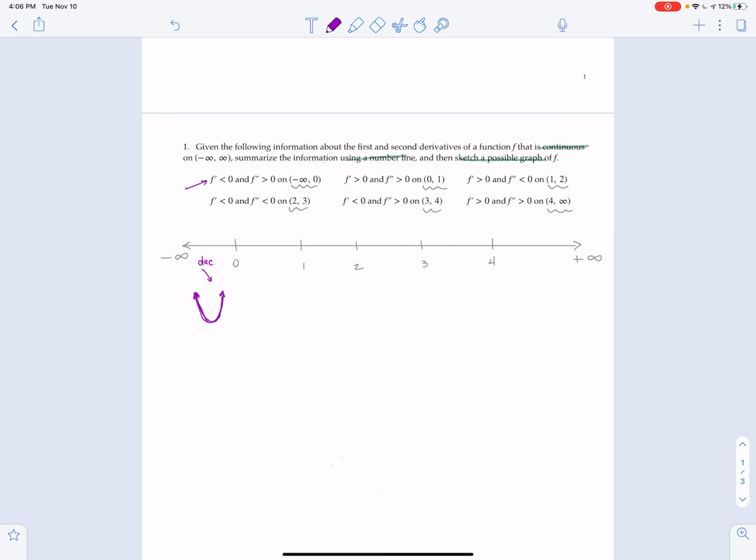I'm going to do this for each interval. Let's see, first derivative is positive, and second derivative is positive. Concave up as well. On my next interval, first derivative is positive, and second derivative is negative.